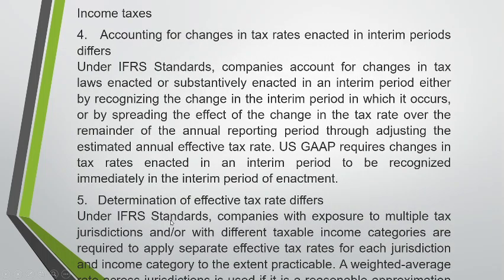For income taxes, accounting for a change of tax rate enacted in an interim period differs. Under IFRS standards, companies account for changes in tax laws enacted or substantively enacted in an interim period either by recognizing the change in the interim period in which it occurs or by spreading the effect of the change in the tax rate over the remainder of the annual reporting period through adjusting the estimated annual effective tax rate.